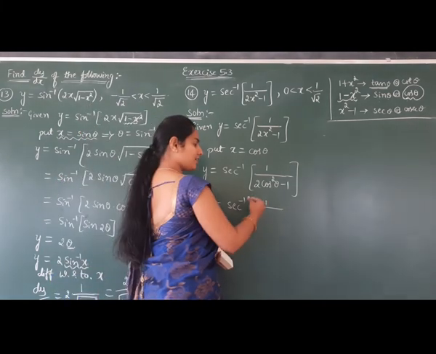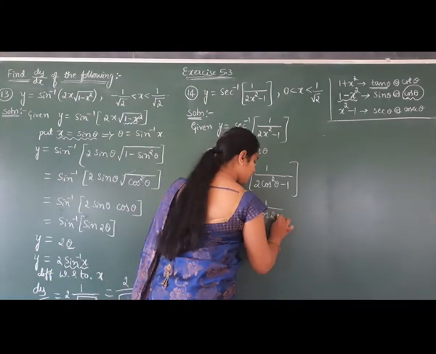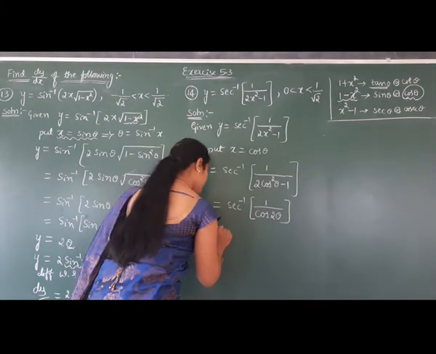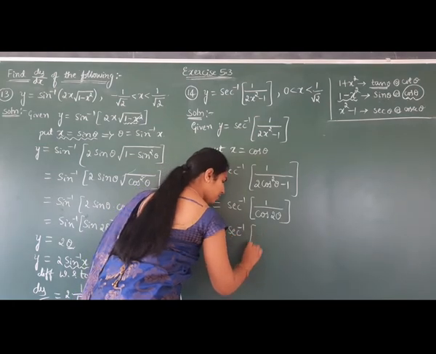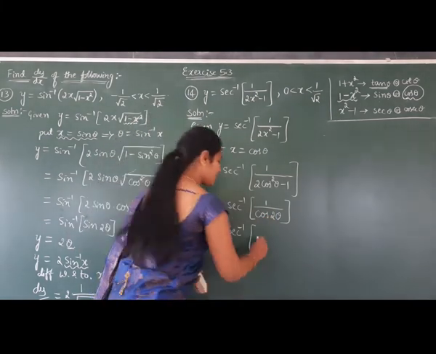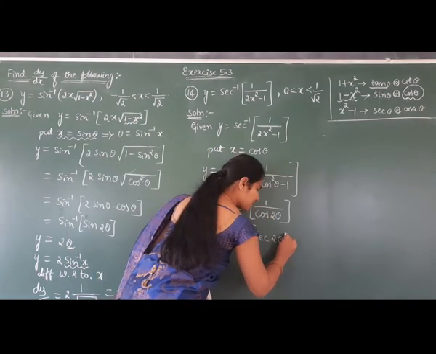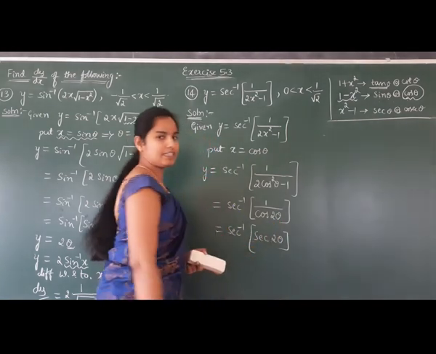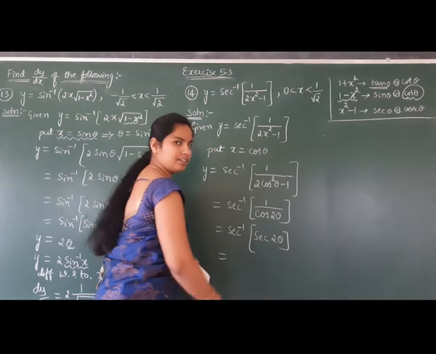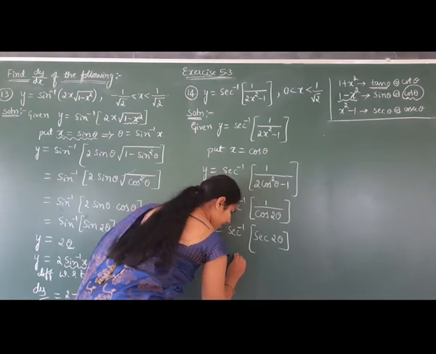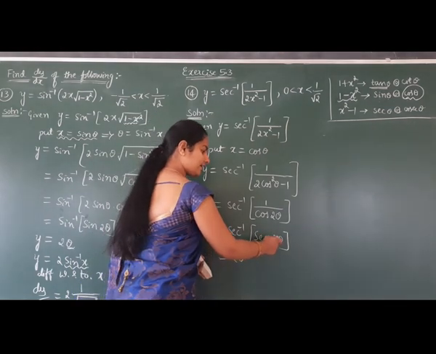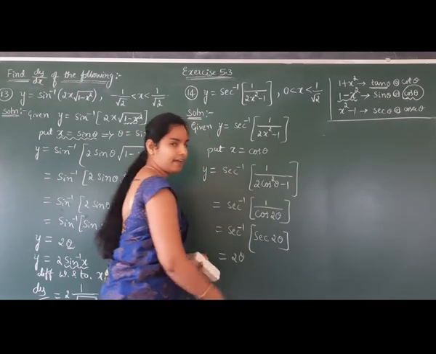So we know that cos 2 theta is equal to 2 cos square theta minus 1. So what is the reciprocal of cos 2 theta? Secant 2 theta, right? Then secant inverse of secant of an angle is equal to the angle.